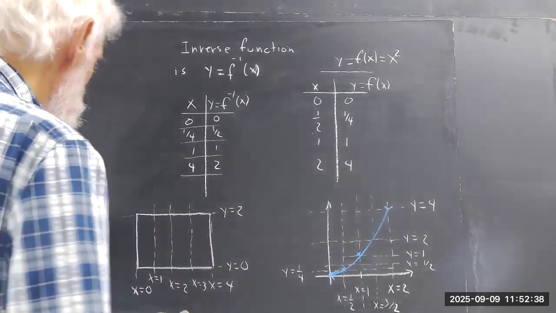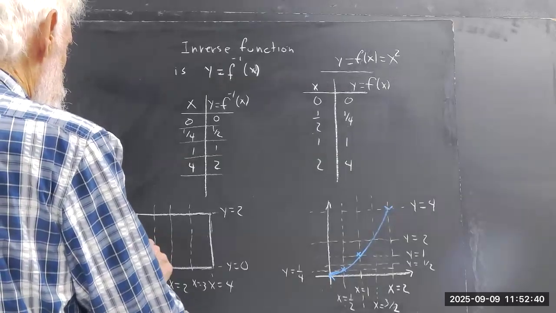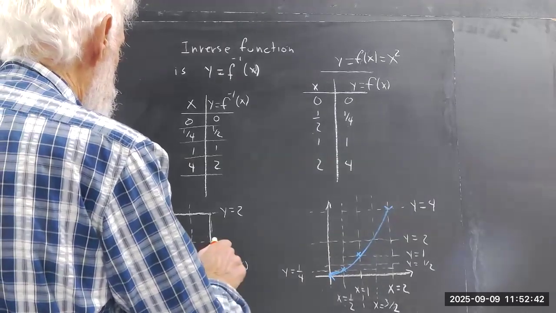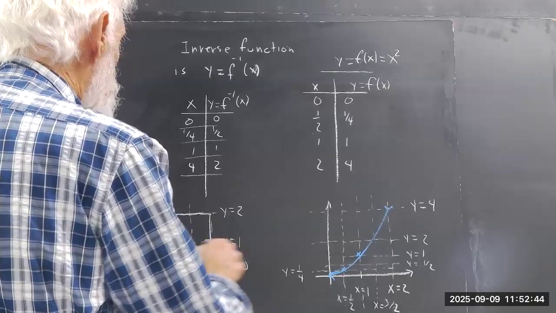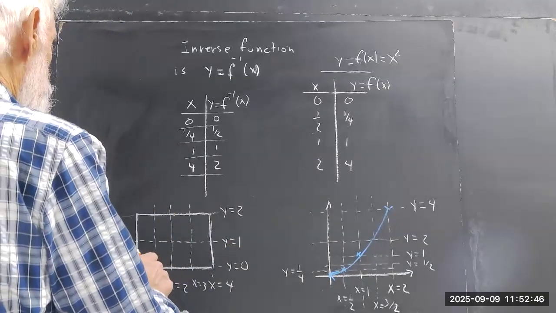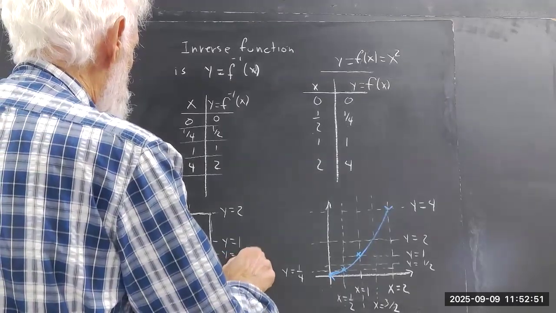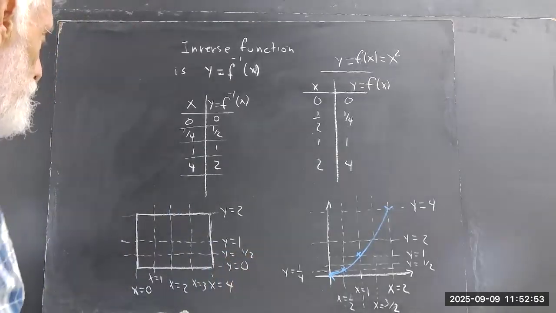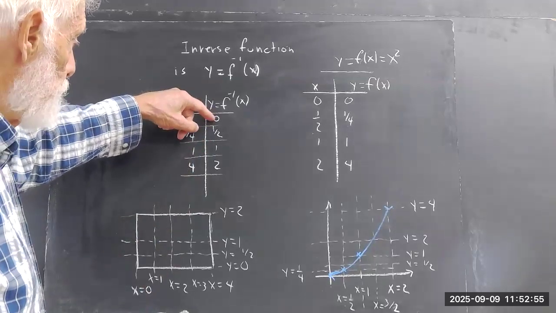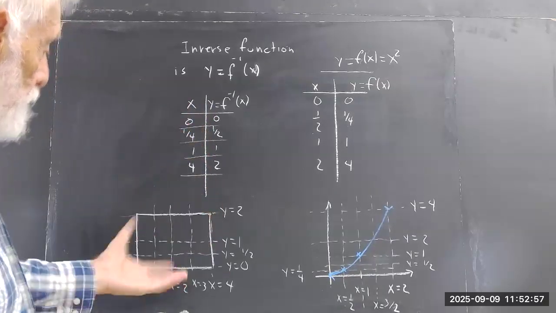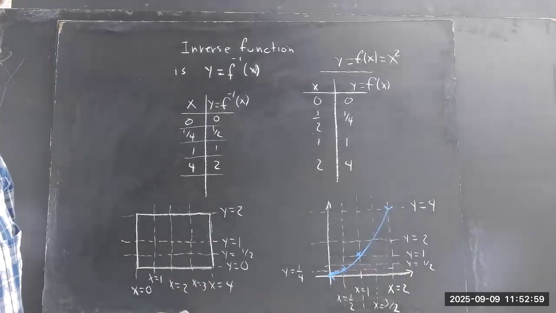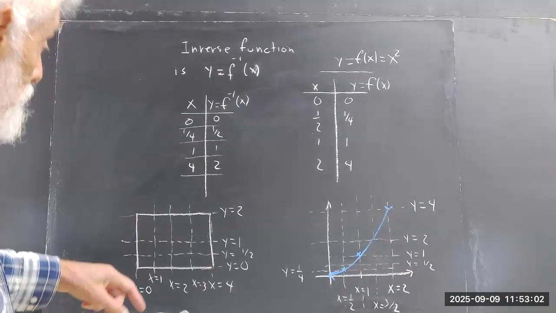We've got y equals 2, y equals 0, so we're going to have y equals 1, and we're going to have y equals 1 half. Now we've got y equals 0, 1 half, 1, and 2. We don't need to do any more on this graph.